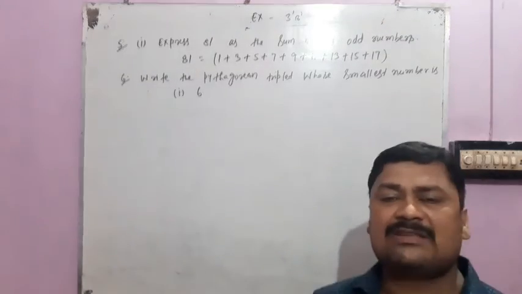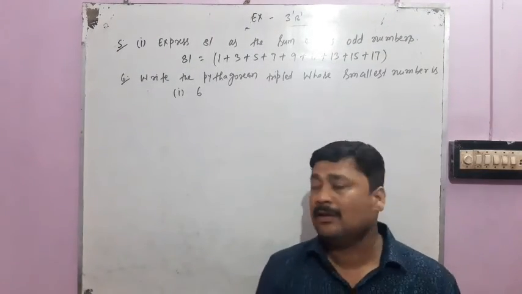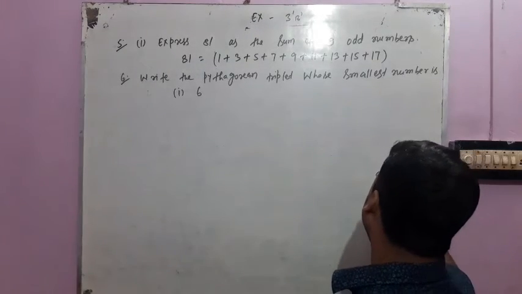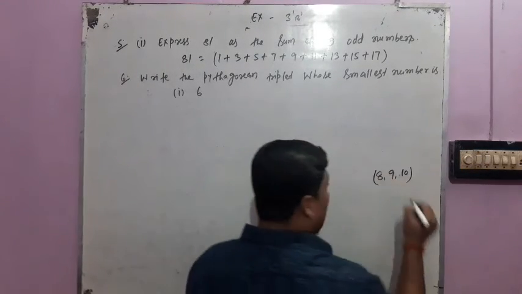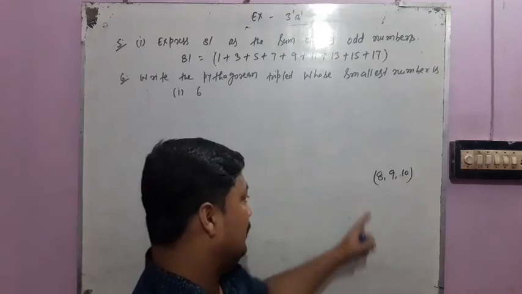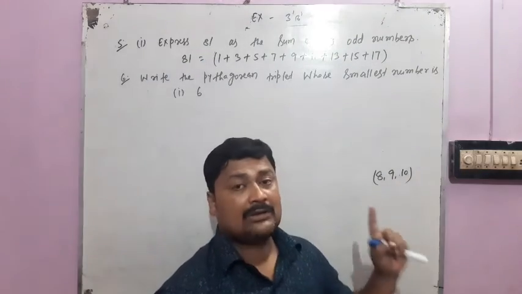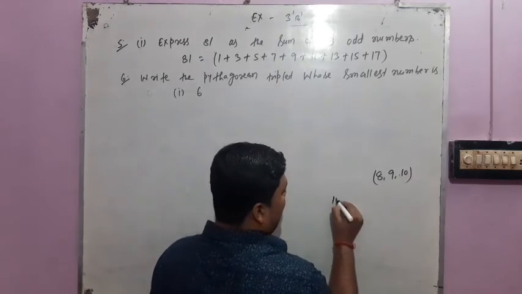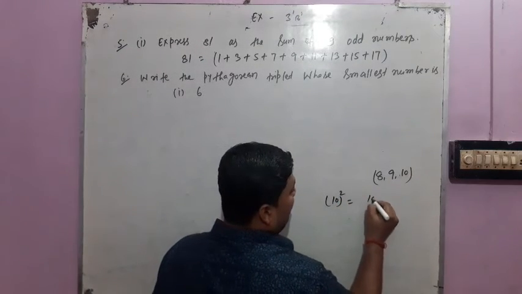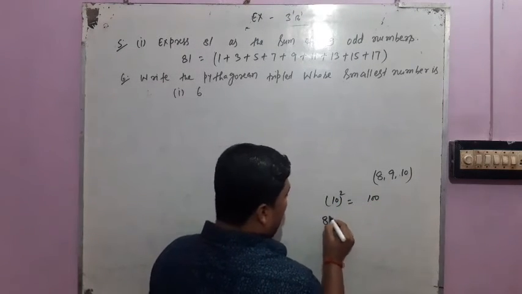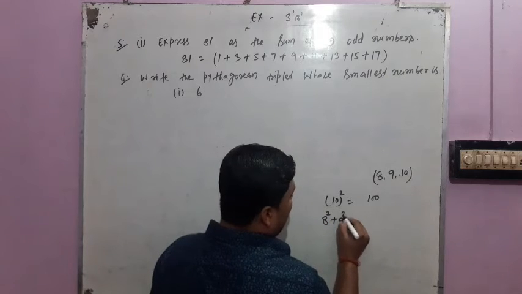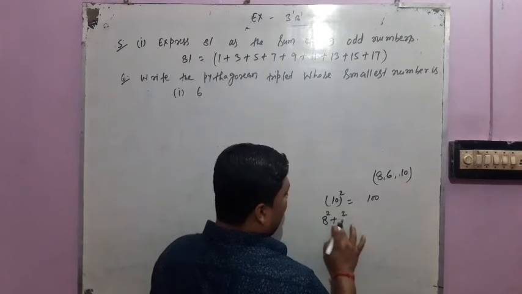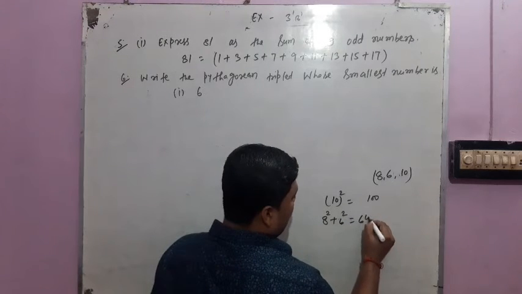First, students, we want to discuss what a Pythagorean triplet is. A set of 3 numbers is called a Pythagorean triplet. Now, is any set of 3 numbers a triplet? No. It is a set of 3 numbers in which the square of the greatest number is equal to the sum of the squares of the other 2 numbers.